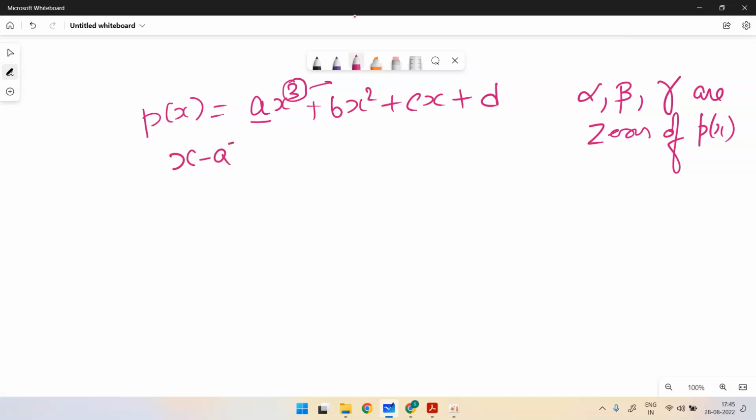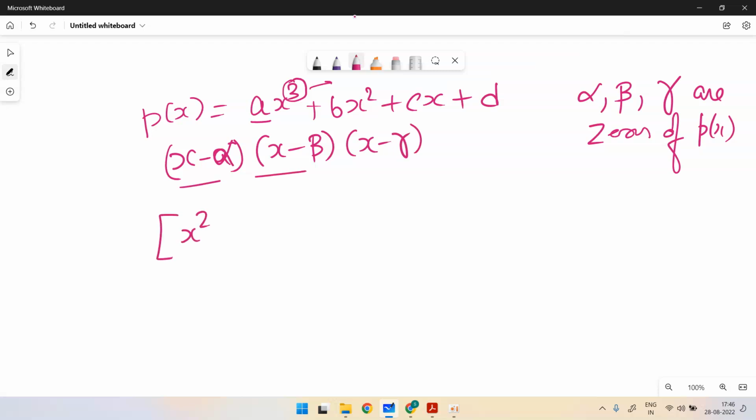The variable is x, and the factors will be (x minus alpha)(x minus beta)(x minus gamma). First multiply the first two: you get x square minus (alpha plus beta)x plus alpha beta, into (x minus gamma).